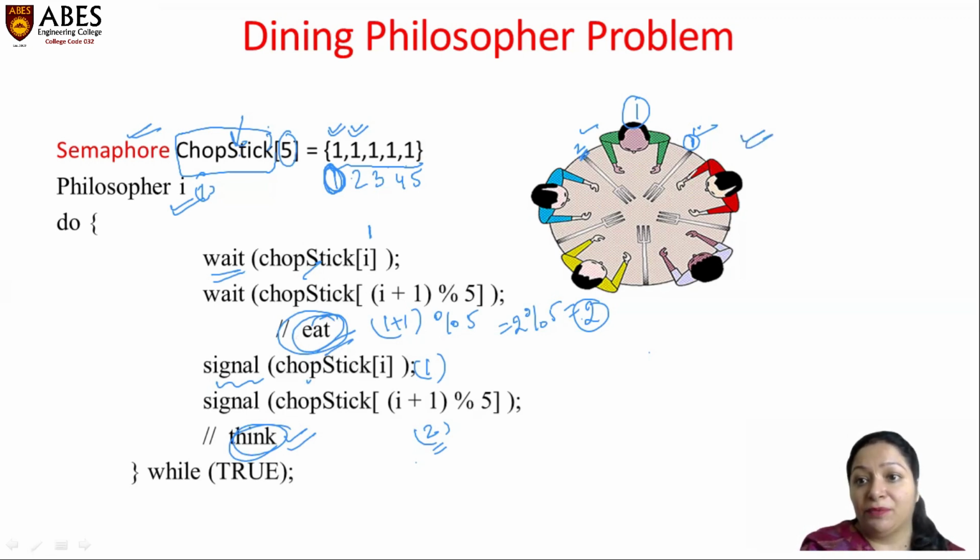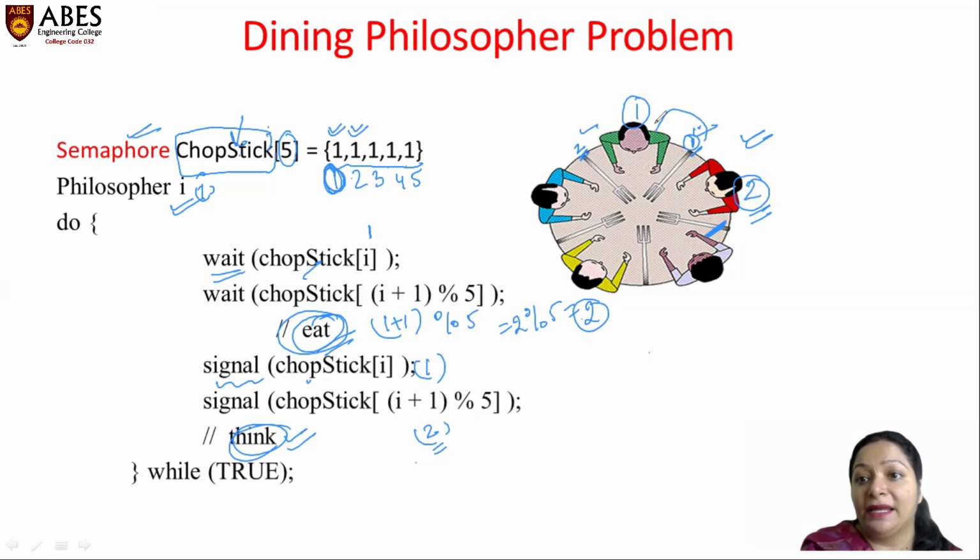But suppose philosopher 1 is acquiring these 2 chopsticks, and at the same time philosopher 2 gets hungry. Now can this philosopher grab this chopstick? Although he can grab this chopstick, in order to eat the rice, philosopher 2 needs to acquire this chopstick also.